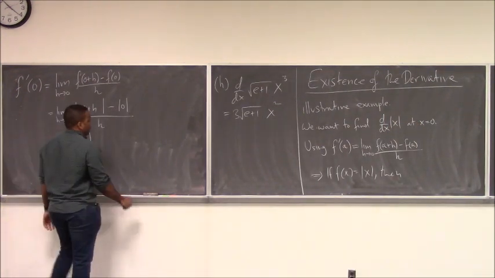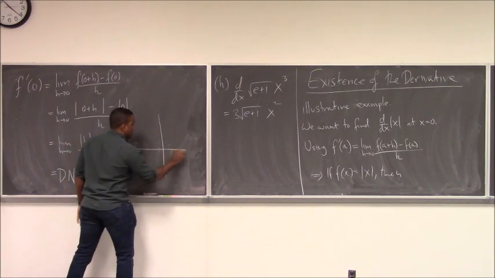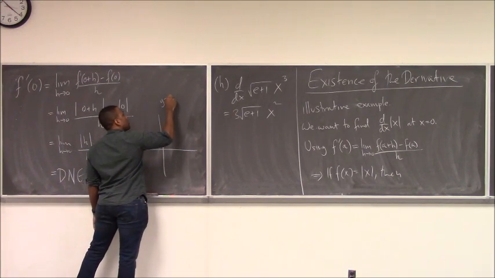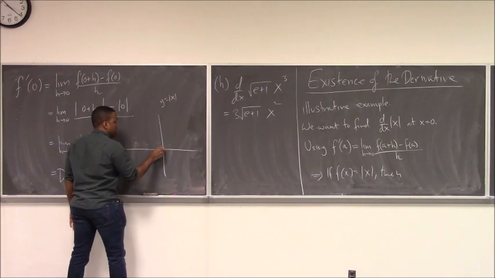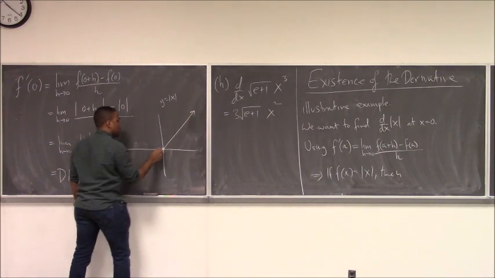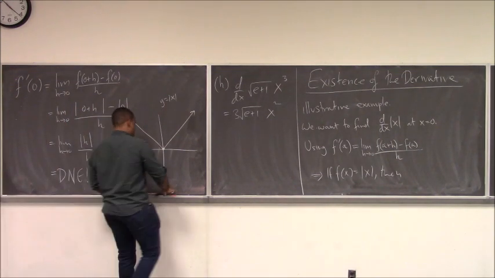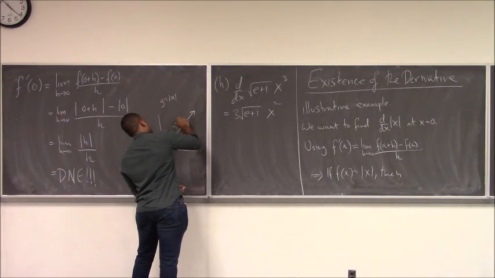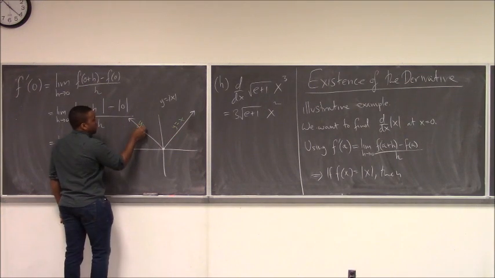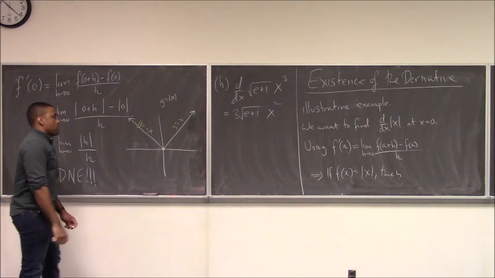Well, you'd realize that the absolute value function looks like a V. Over here we have y equals x, and over here we have y equals minus x.